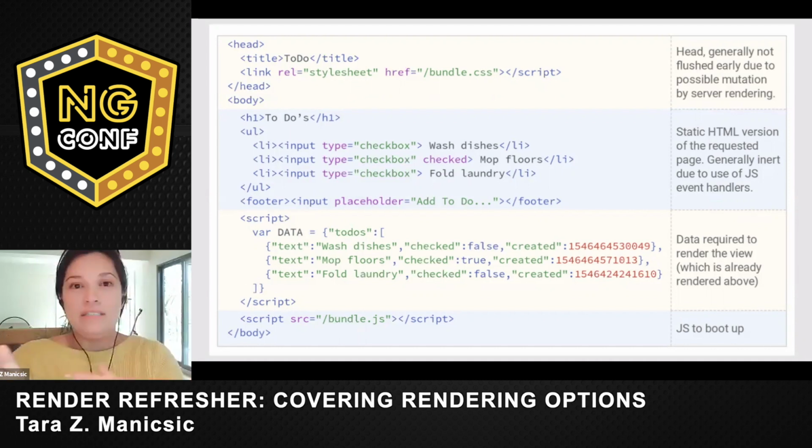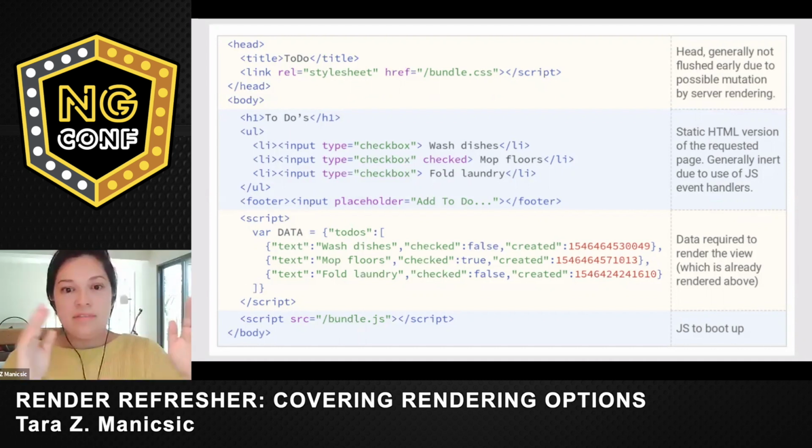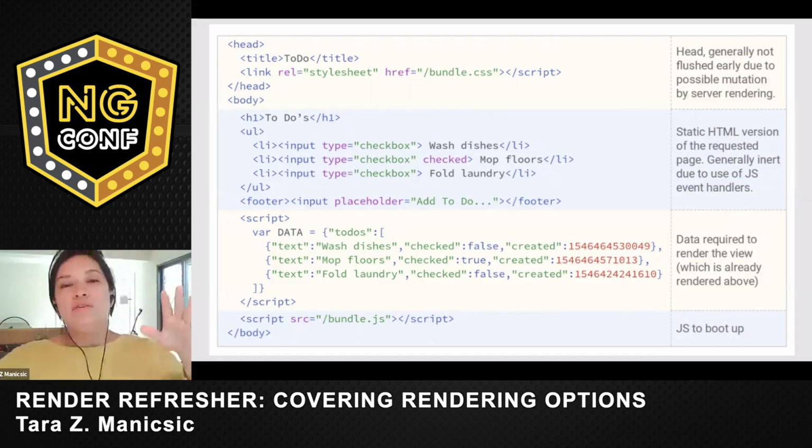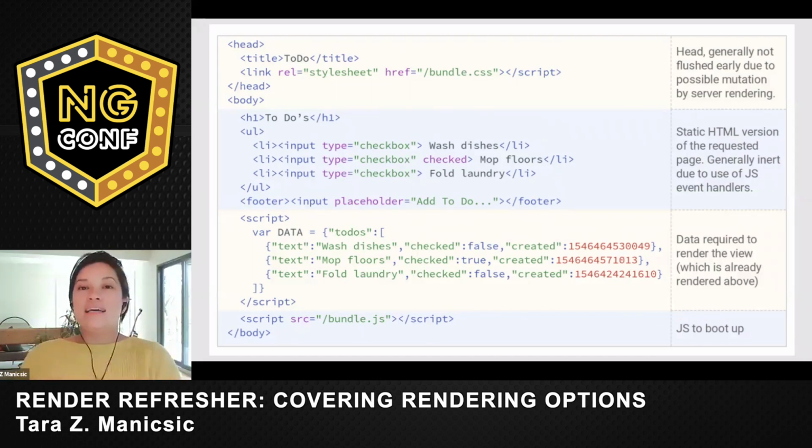Then underneath that, we have that data required to render the view. And the view is already rendered above it, right? And then you have at the bottom that JavaScript to boot up. So the server is returning a description of the UI because it was requested by the user, but it's also returning that source data that it used to make the UI and a complete copy of the UI's implementation, which will then boot up on the client.